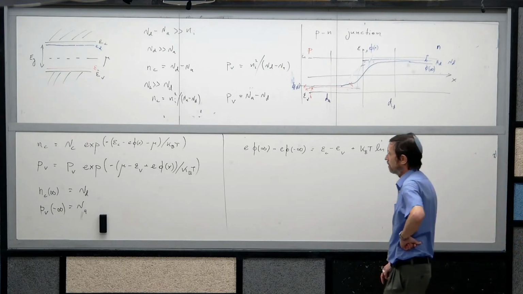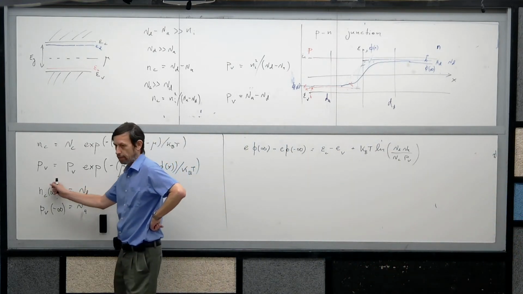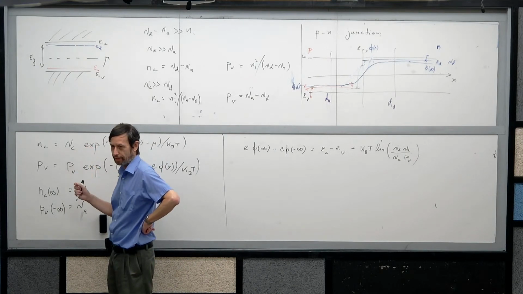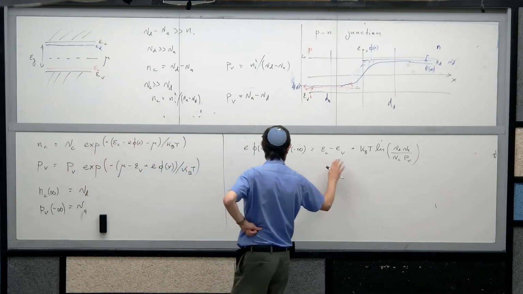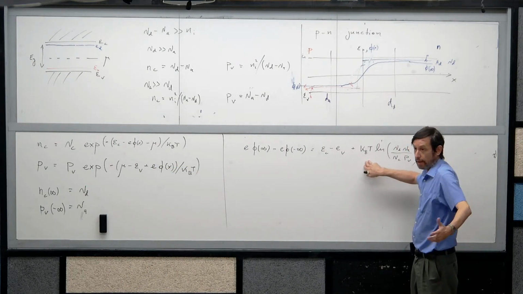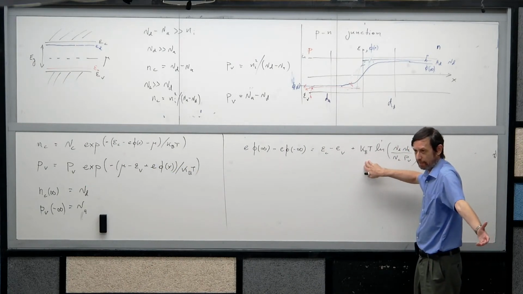So I just enter the value at infinity and minus infinity divided by each other and got this connection. It's nice because I have no mu now in the game.